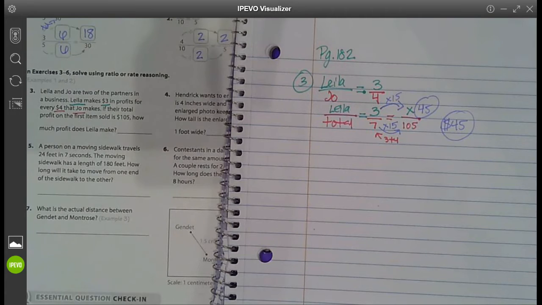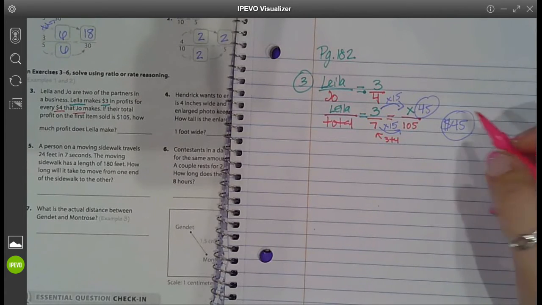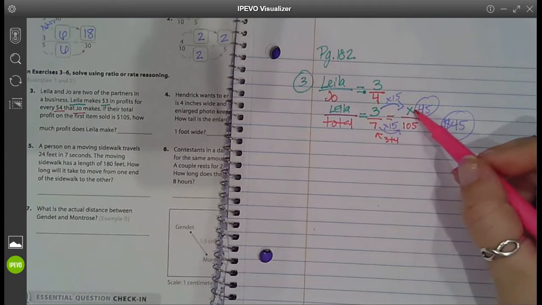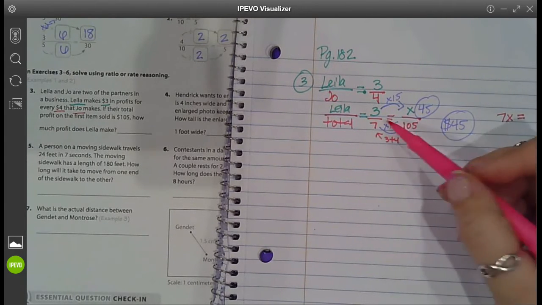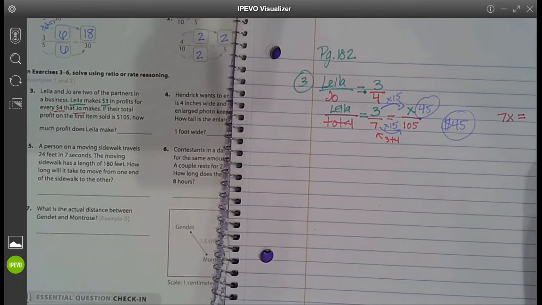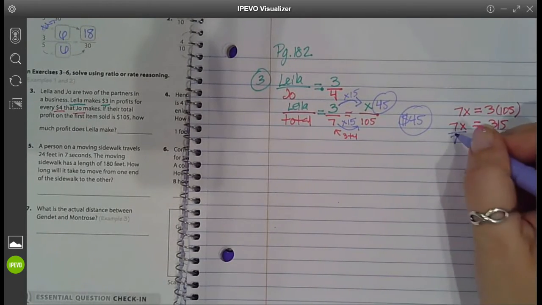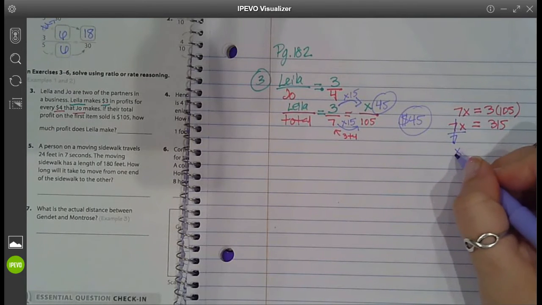Again, if for some reason it doesn't go in evenly, you can always do what's called cross products. So you would multiply across. The 7 is diagonally across from the x, and set that equal to the numbers diagonally across from each other, 3 times 105. Well, that can't simplify, but if you type in 3 times 105, you get 315. Now to get x by itself, you would divide by 7, because anything divided by itself is 1, and 1 times x is x.